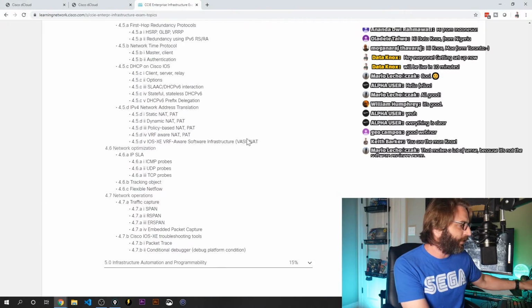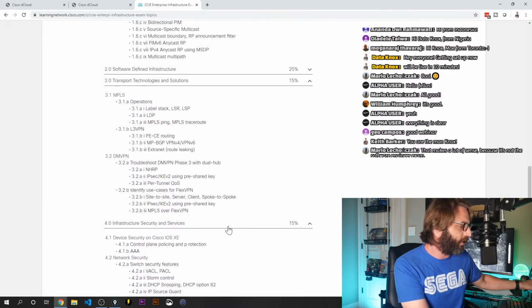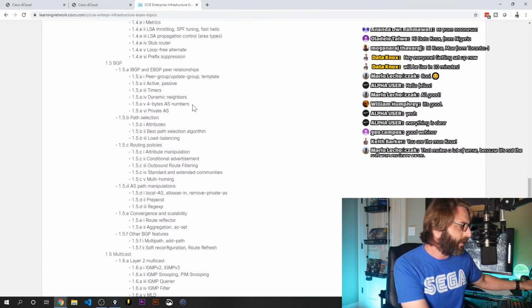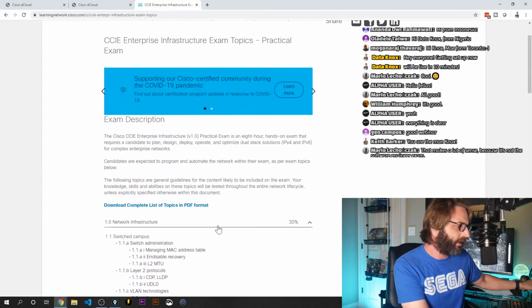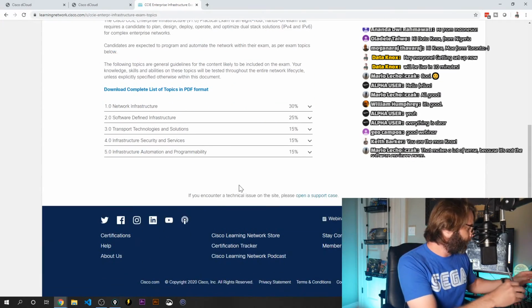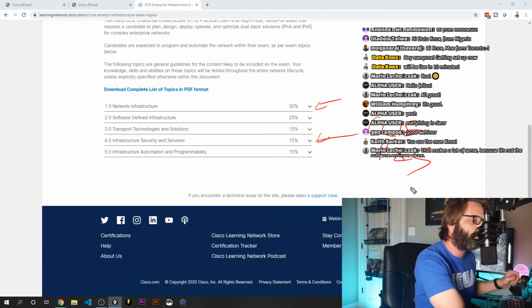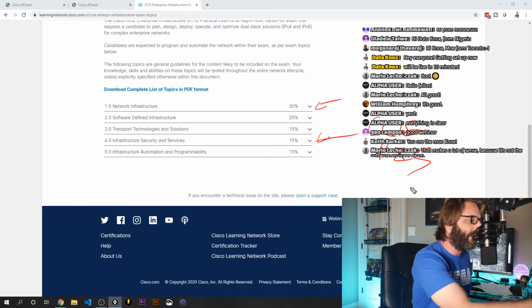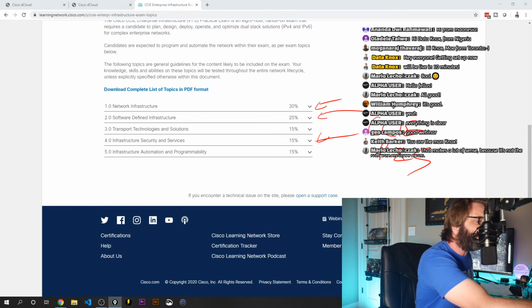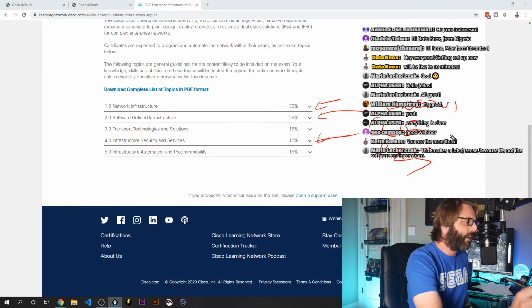So if I'm just collapsing all of these little bars here again, recapping the domains that are here on the exam blueprint, I really feel like Domain 1 here and Domain 4, those are all coming from CCIE Route Switch. Prepare for CCIE Route and Switch. The SD-WAN, I certainly feel comfortable that that's ENSDWI.